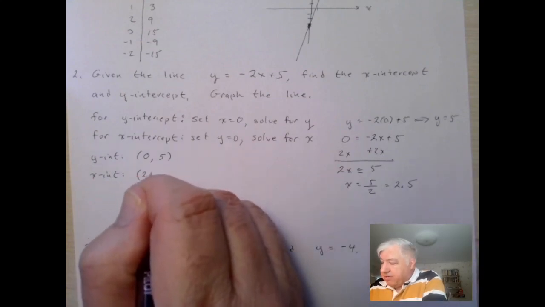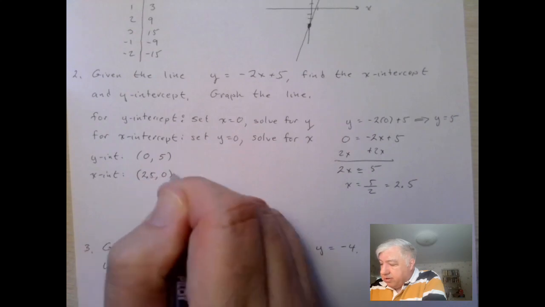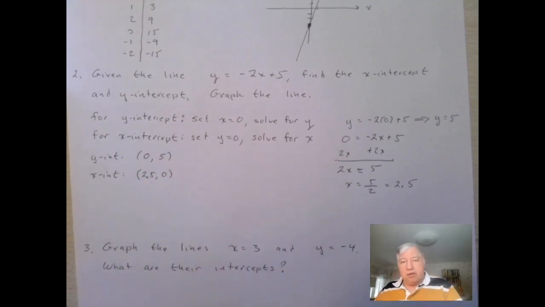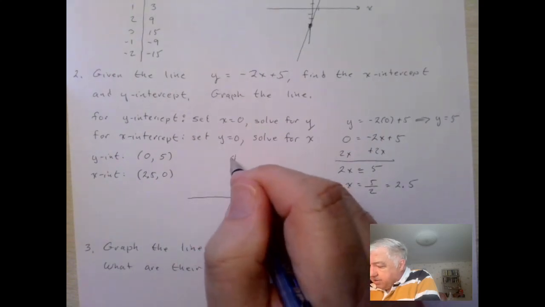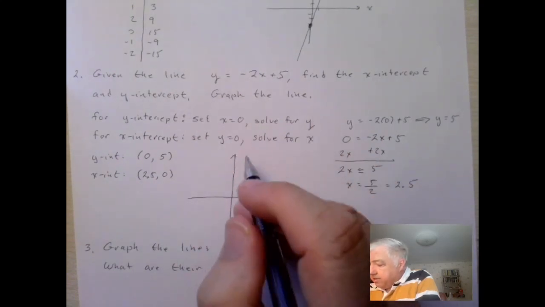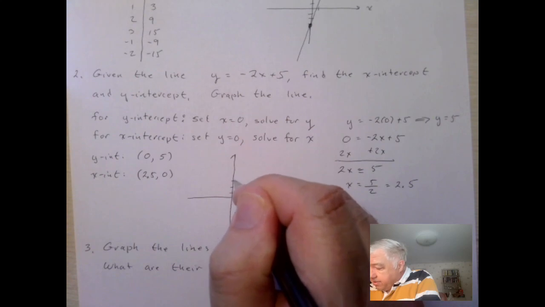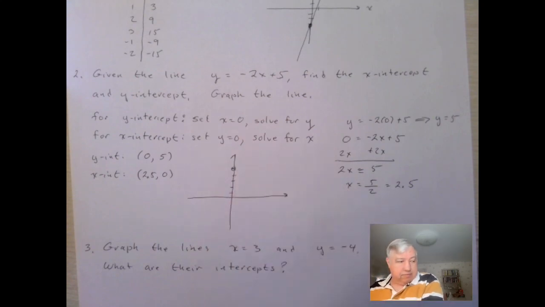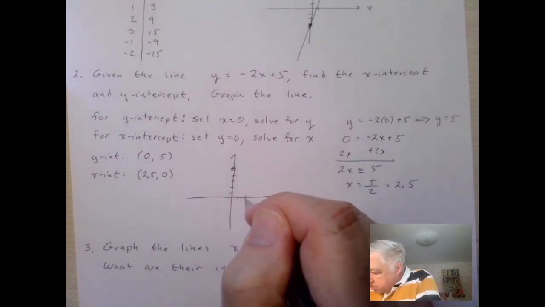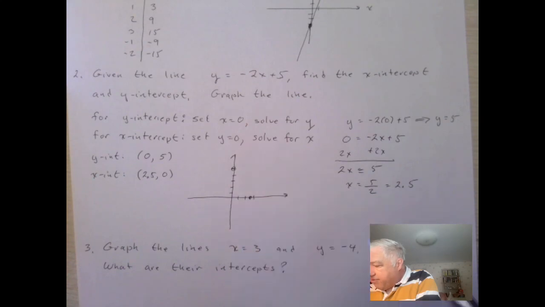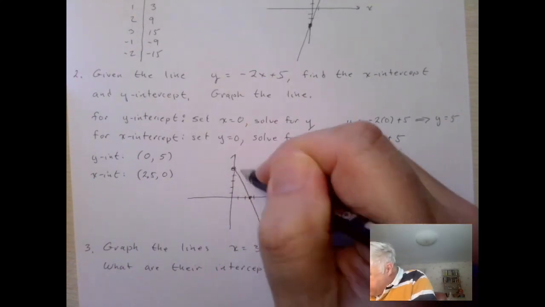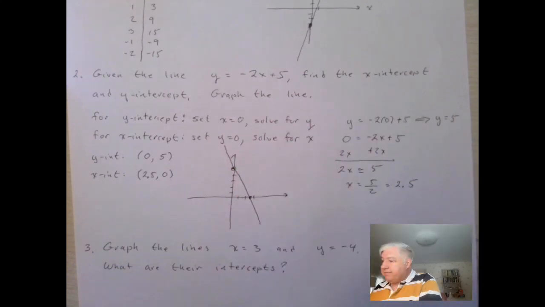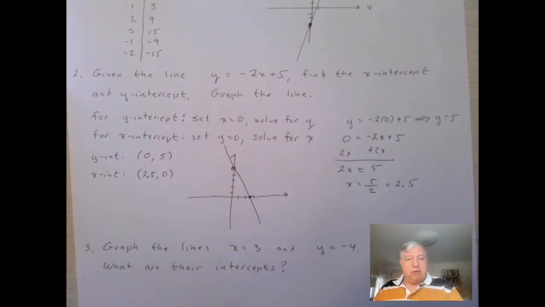The x value would be 2.5, and the y-coordinate would be 0. Okay. And then we can plot these 2 points on the graph. So (0, 5) is up here. 2.5 is halfway between 2 and 3. And then we can draw the line connecting these 2 points. Okay. So that would be our line.